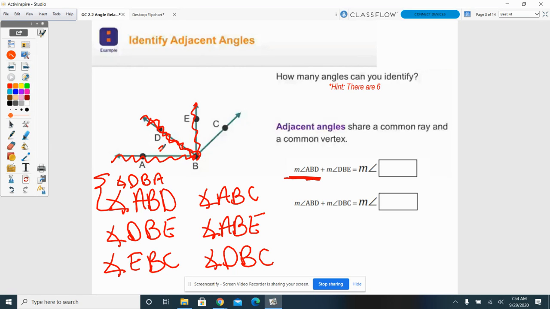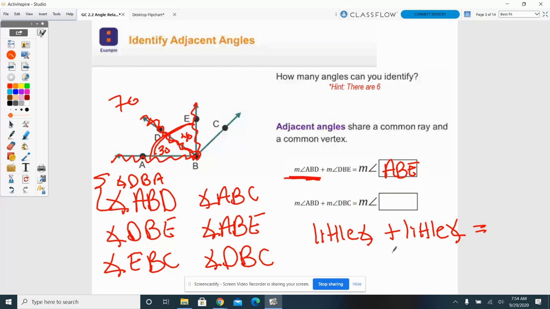So if this was 30 and this was 40, that would equal 70. Well, what angle would equal 70? That's the big outside angle, which is angle ABE. This is basically saying a little angle plus a little angle is going to equal the big outside angle.